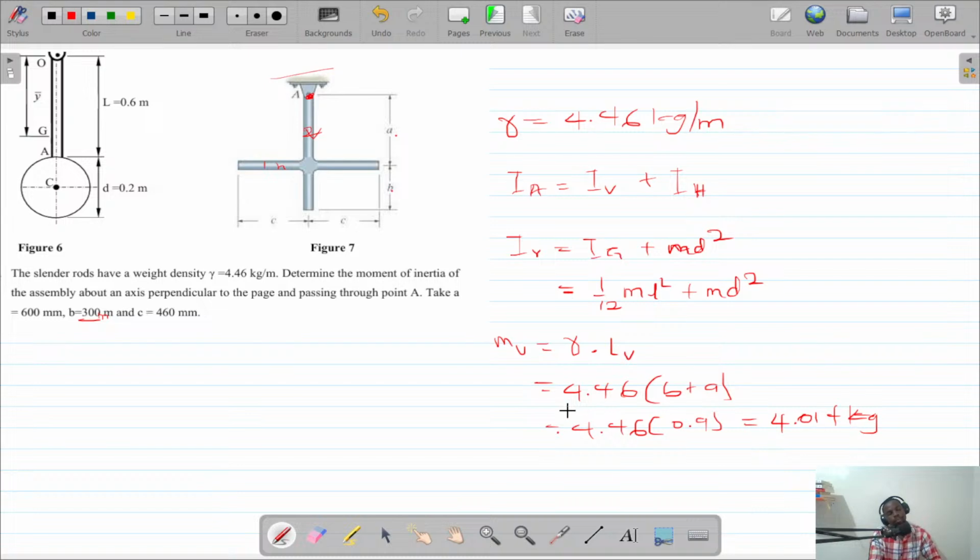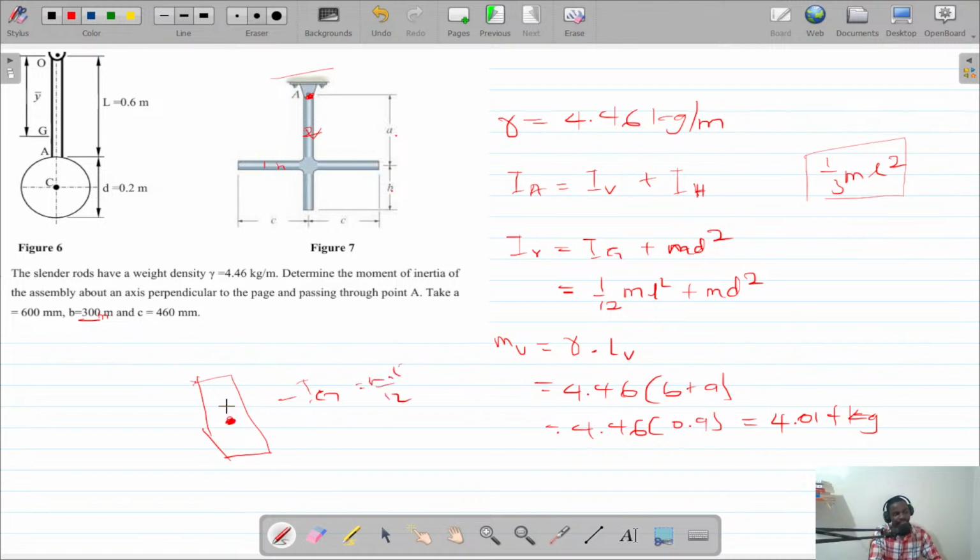I know some of you may be using the formula 1/3 ML squared. Please elaborate for me on A not coinciding with the centers. Okay, so if I have a rod like this and I'm finding the moment of inertia about its center, then it's just IG, which is ML squared on 12.